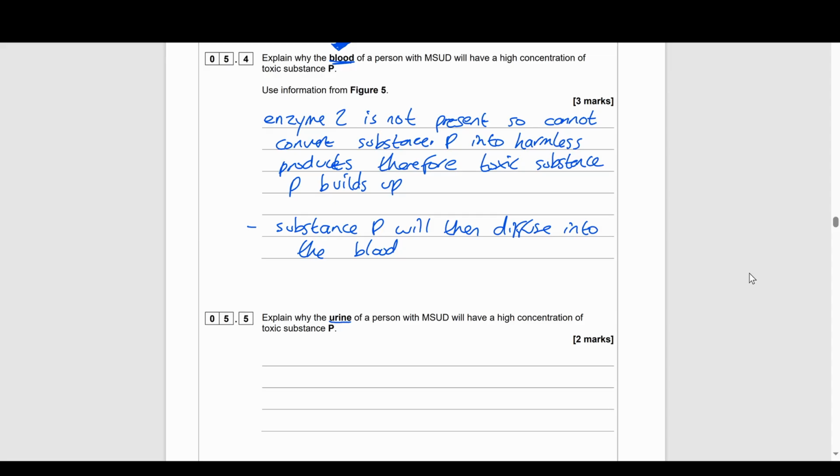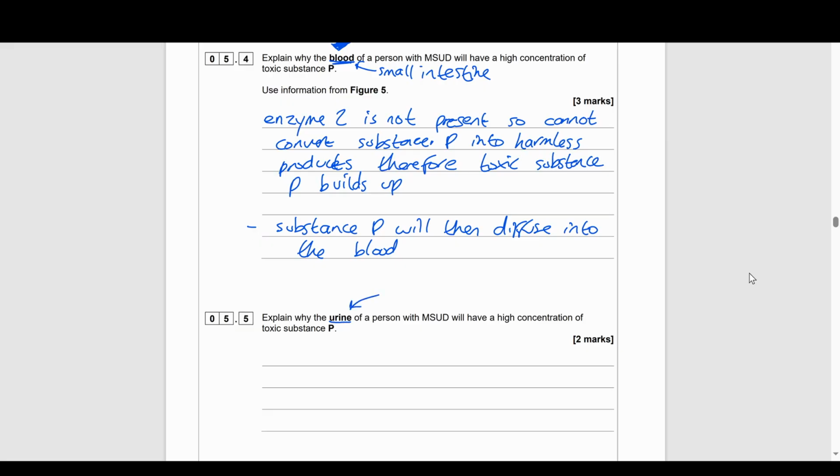In 5.4 the organ we were thinking about was the small intestine, because that's where the diffusion happens, from the small intestine into the blood. But with urine, it's not going to be the small intestine that's involved. It's going to be the other organ.